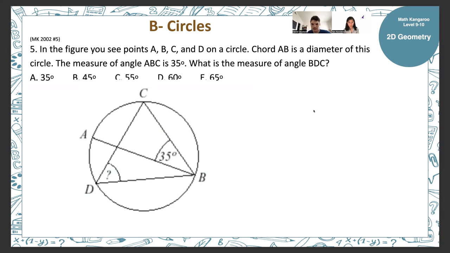Right. So right away, when you see that chord AB is a diameter, what do you do? So just quickly draw the picture and draw AB as a diameter. You want to do that.